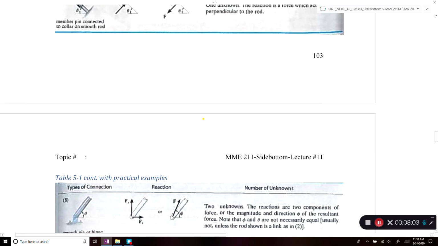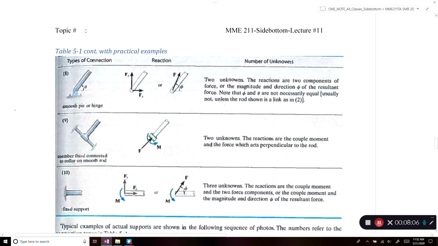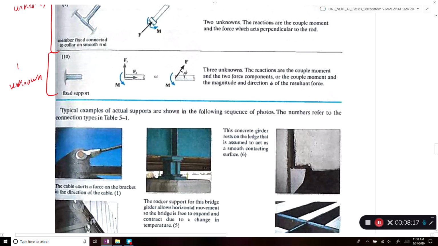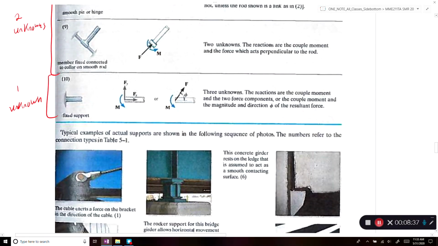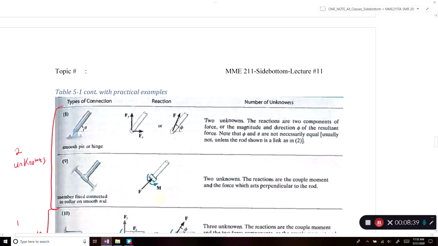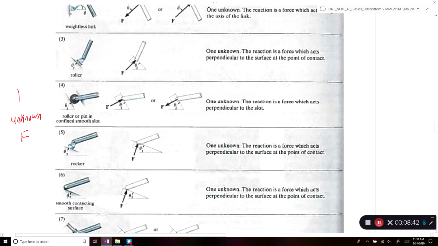On the next page, there are some that have two unknowns, and then there's one last one that's a single unknown. They also show you some practical examples of these different types of reactions. I am going to post a video that will go into the different types of reactions for 2D systems if you want to know that in more detail. But you can always reference this table if you need to know what types of support reactions are available for different common types of supports that you might see in your homework problems.